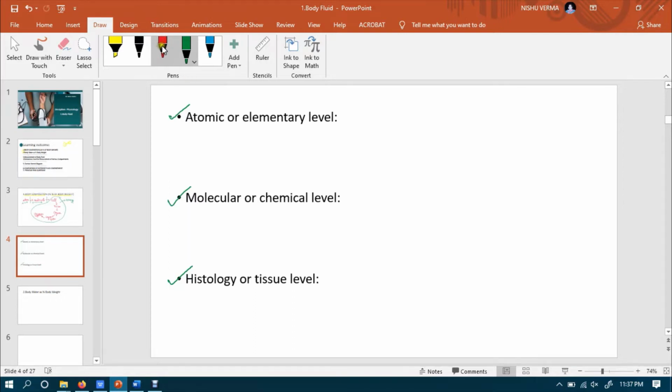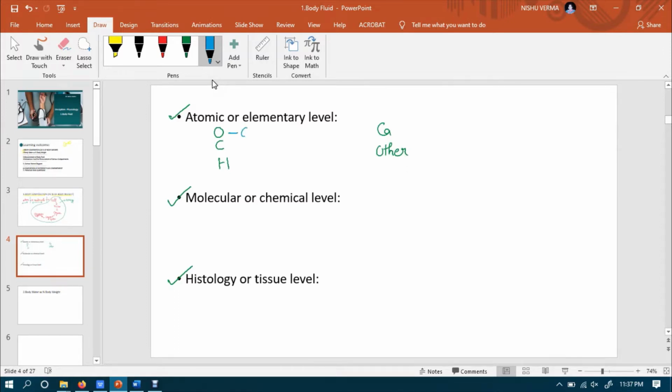We know that our body comprises many types of atoms. Here we consider only those which are important for our PG entrance exam. Our human body is composed majorly of oxygen atoms, carbon atoms, hydrogen atoms, calcium and other atoms. Here we discuss what percentage each contributes to our body weight.